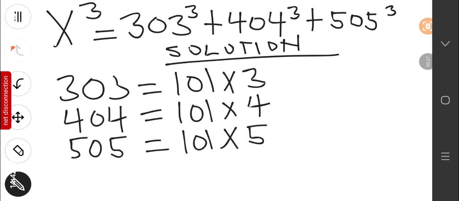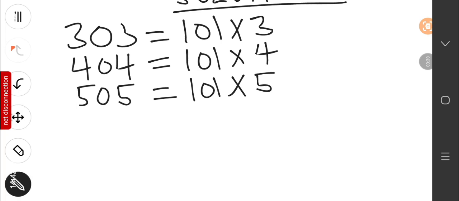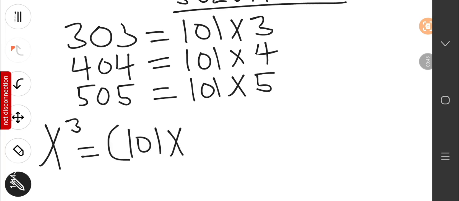All right, so our equation becomes s cubed. In place of 303, we are going to write (101 times 3) cubed. So you're going to apply this concept throughout.